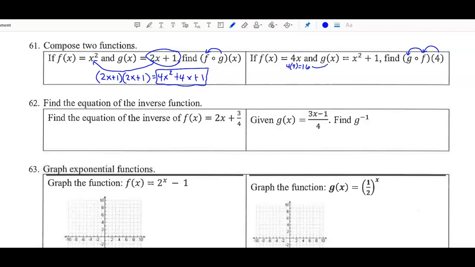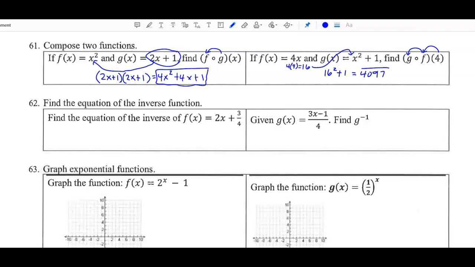So 16 goes in here, so we have 16 squared plus 1, and 16 times 16 we got 4096 plus 1, so 4097.